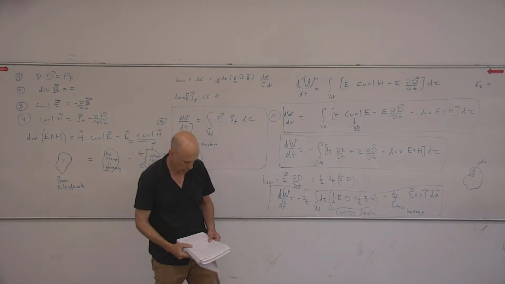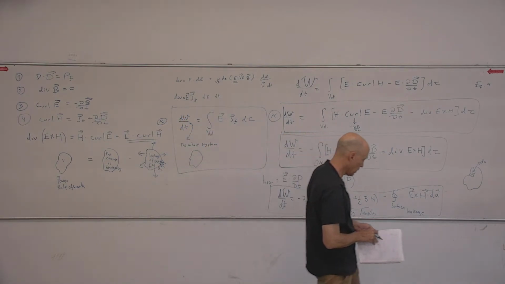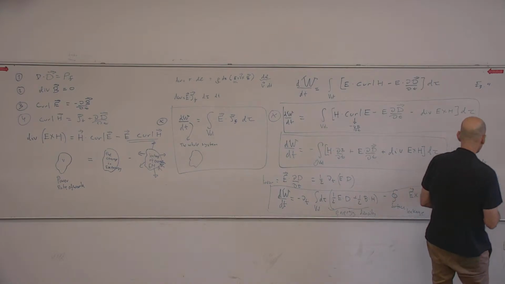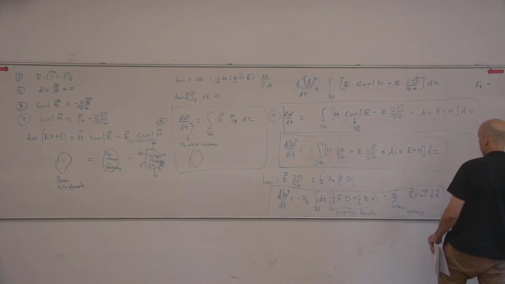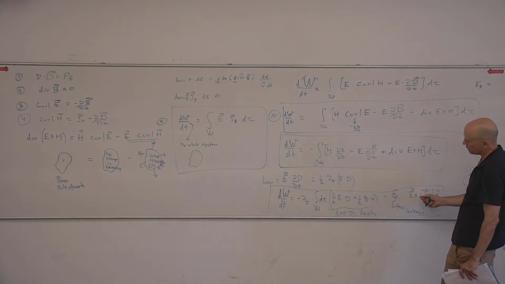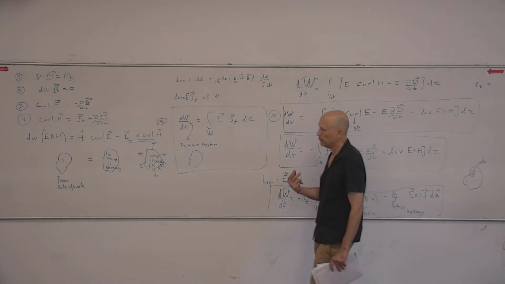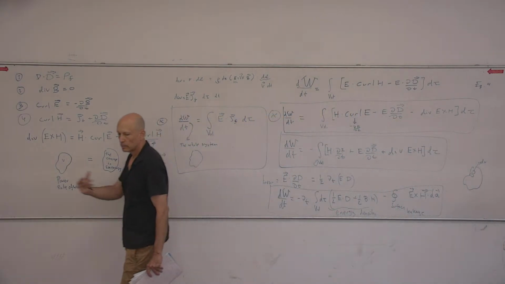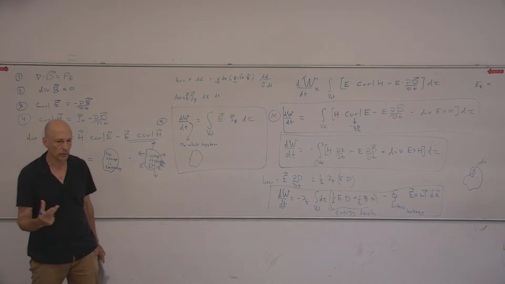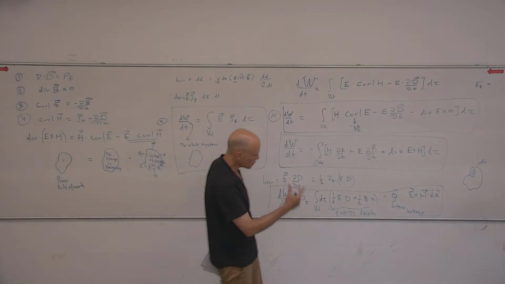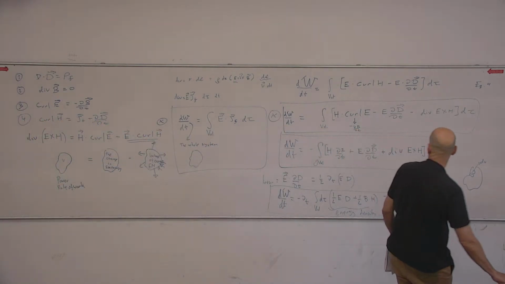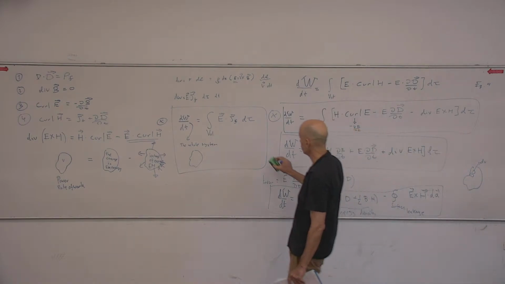There's no special thing about going out or going in. So this vector is super important because it's the vector that describes the flux of energy that is carried by the electromagnetic field. And this E cross H has a name, and this is called the Poynting vector.